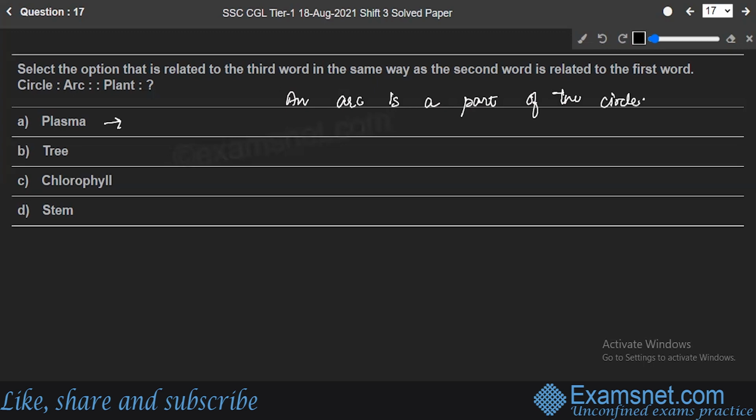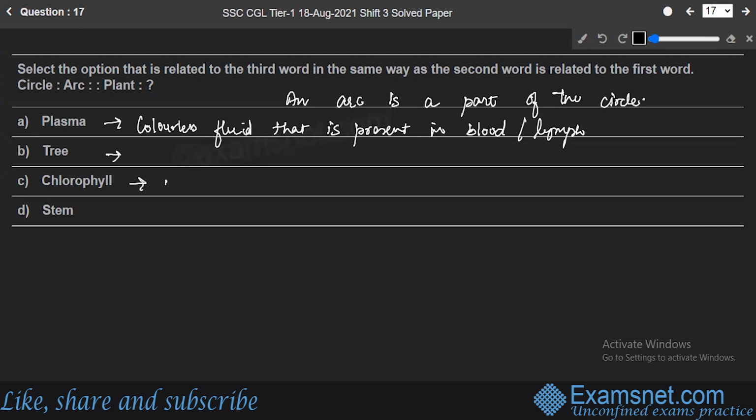Plasma, it's a colorless fluid that is present in blood or lymph or milk. Tree is a separate entity. A plant outgrows to become a tree. So tree is not a part of the plant, but an outgrown plant becomes a tree.